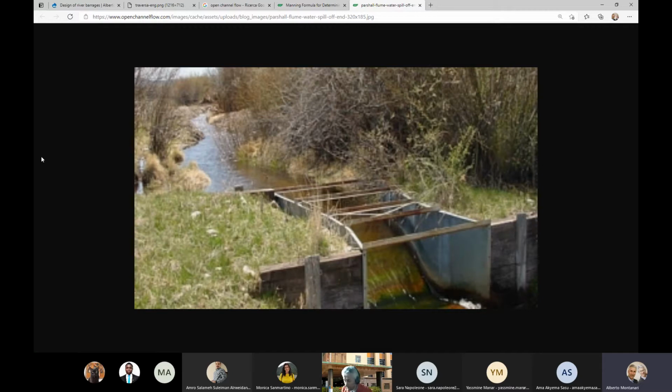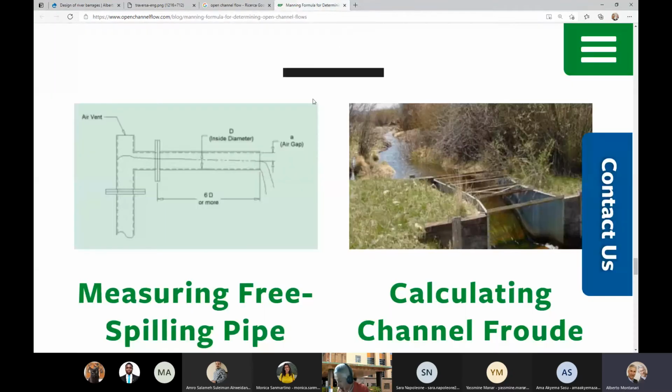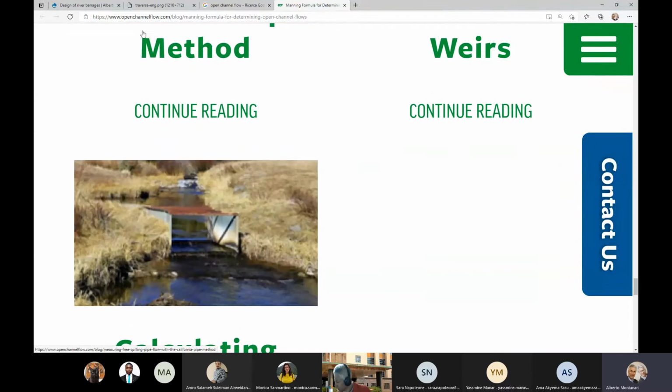The purpose of the barrage, in my feeling, is precisely water withdrawal here. I cannot say this for sure because I cannot perceive the full structure of it. But my feeling is that this is for water diversion. Okay, so let's close this and let me look at the other pictures.